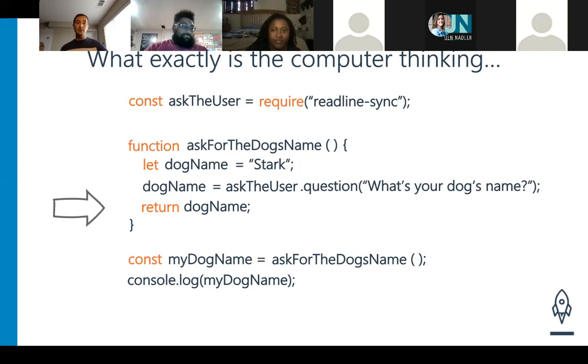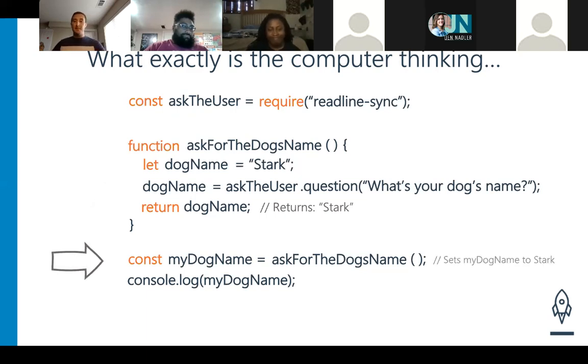We're going to say Bella, and then return is going to return. Oh, sorry, I said Stark in this example. It's going to return Stark because I said Stark in that question. So it comes down here, and my dog name will now be set to Stark. So when we come down to console log, that's why we print out Stark. And that is the magic of what the computer is thinking.